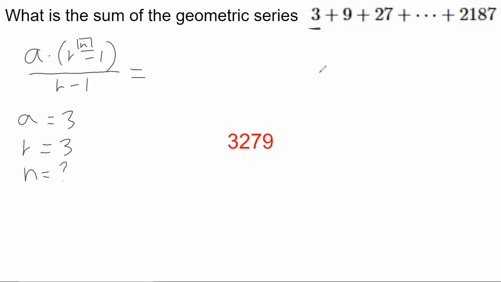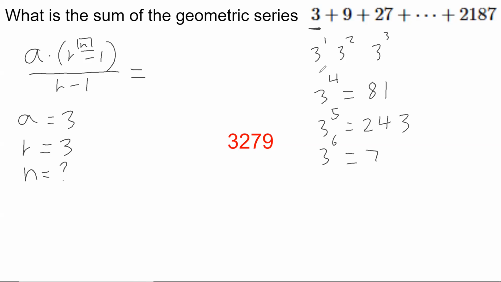So to find out what the value of n is, we're going to have to find a pattern here. So we know that 3 is equal to 3 to the first, 9 is equal to 3 squared, 27 is equal to 3 cubed, and if we go on, we can see that 3 to the fourth is equal to 81, 3 to the fifth, we multiply by 3 again, is equal to 243, 3 to the sixth, we multiply by 3 again, we get 729.